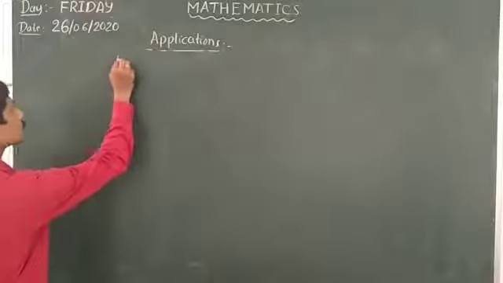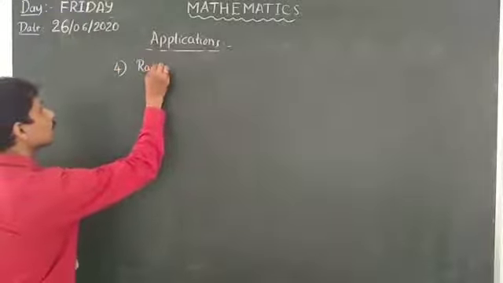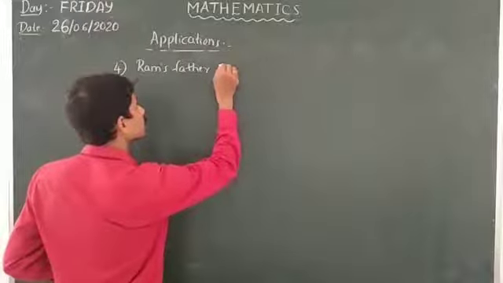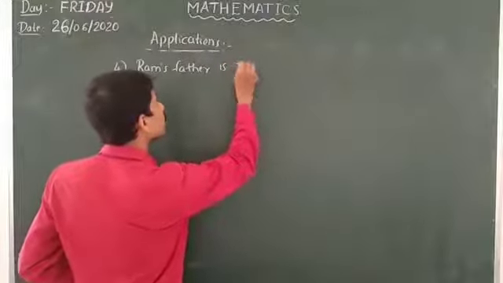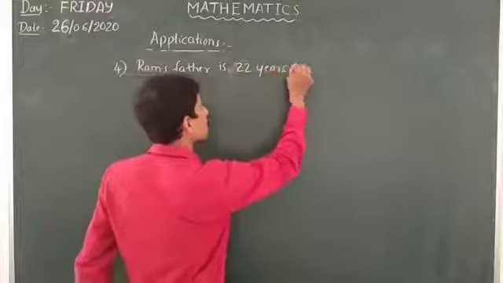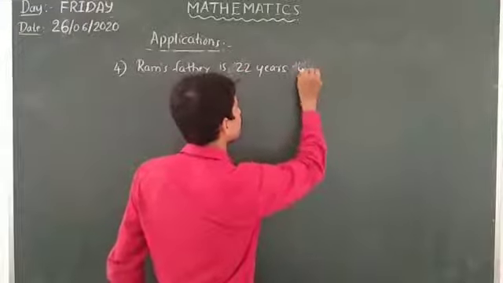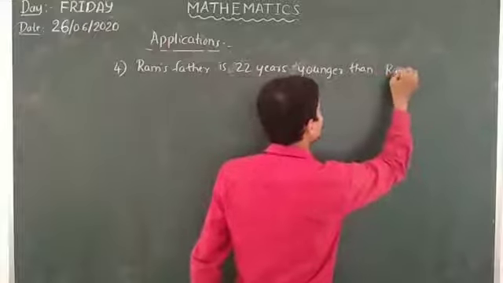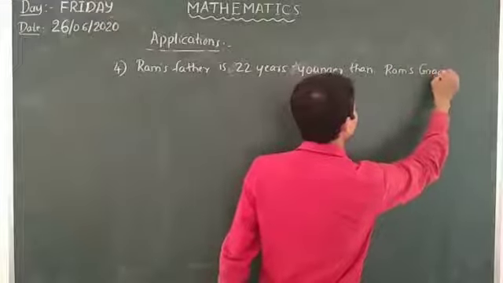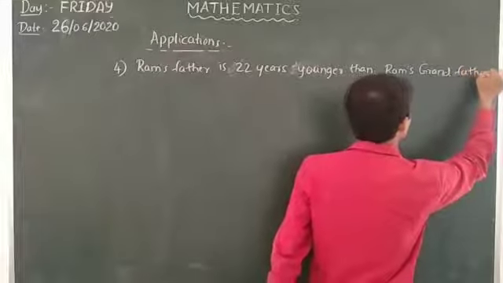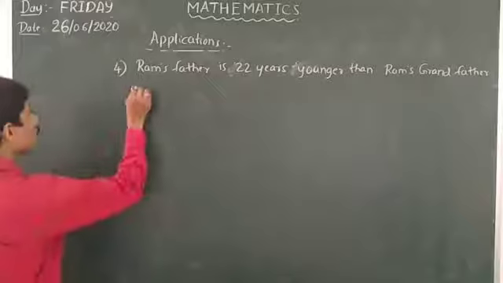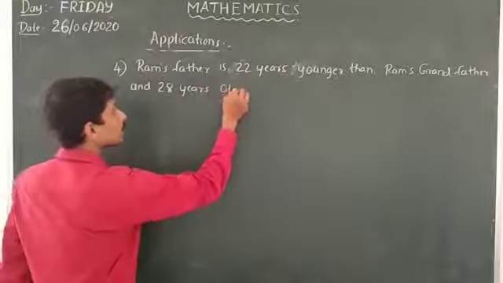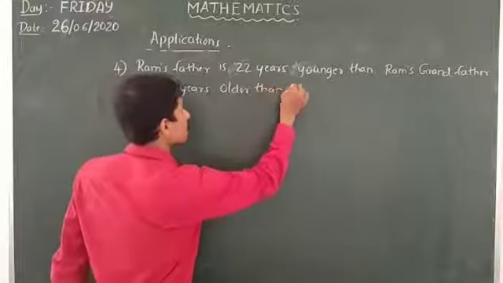So the question tells us that Ram's father is 22 years younger than Ram's grandfather, and 28 years older than Ram.